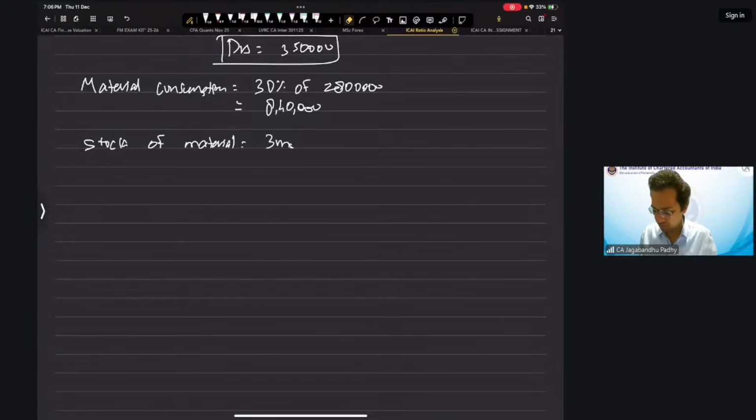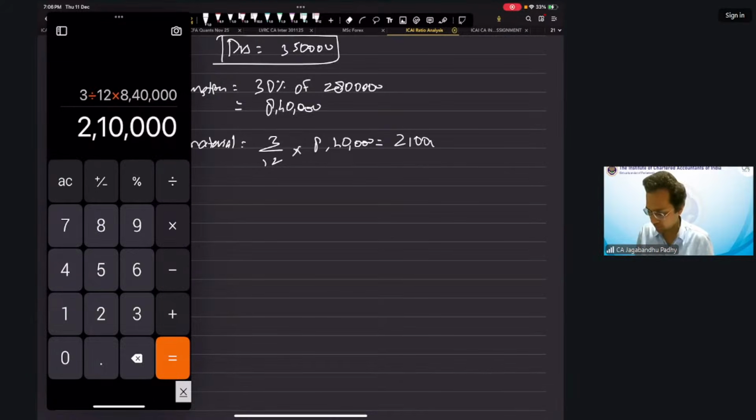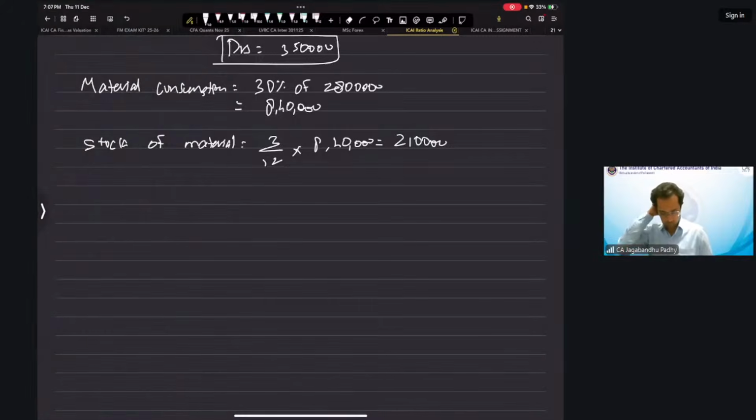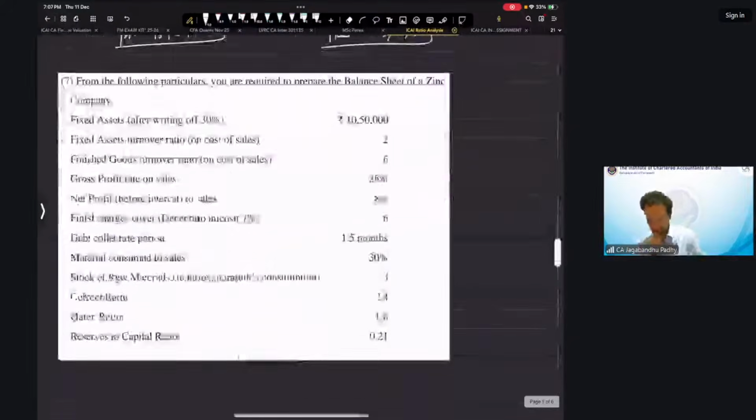So it's going to be 3 months by 12 months. 3 by 12 into 8 lakh 40,000, which is 2 lakh 10,000. Stock of material is going to be 2 lakh 10,000. Okay, this is also done.